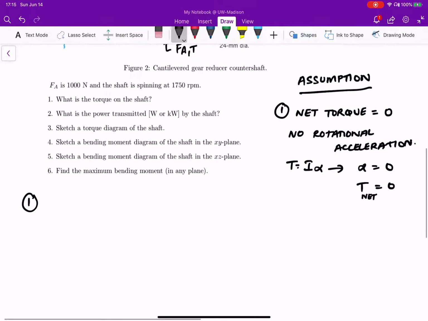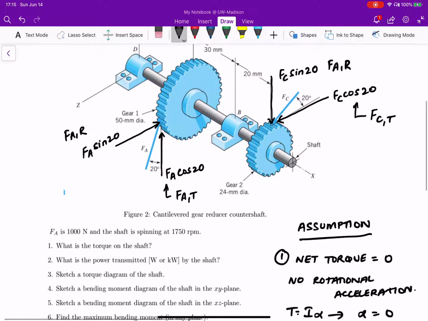The torque is simply going to be the tangential force multiplied by the perpendicular distance between the center of the shaft and the force. So this distance here, which is the radius. Similarly here, it's going to be the radius.